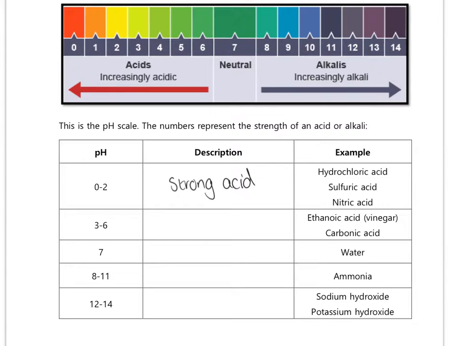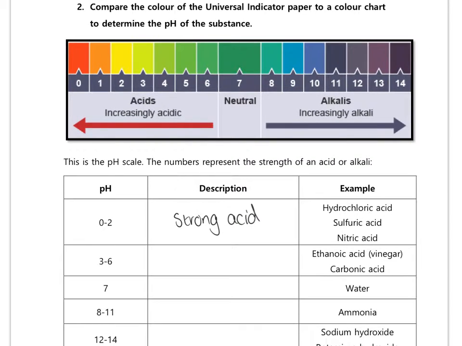And if you want to label your pH scale up here, you don't have an awful lot of room, but you could put a bracket around your 0 to 2 and indicate that that is a strong acid. You could even abbreviate to SA. Might be helpful beside your pH to also write a colour, because your copy is not in colour in your notes. So 0 to 2 would be a red colour. We saw that in the video.